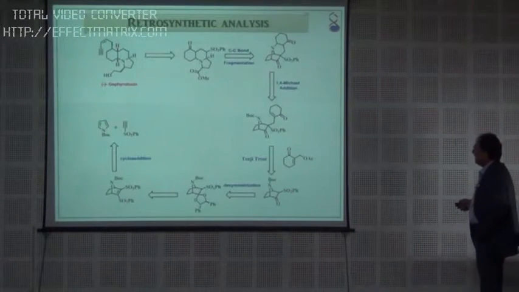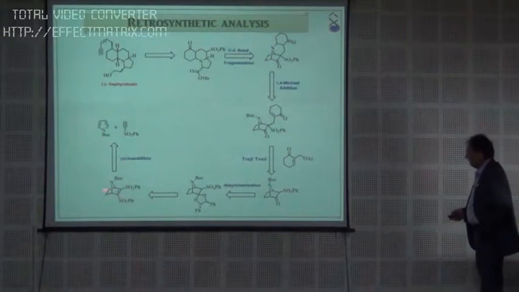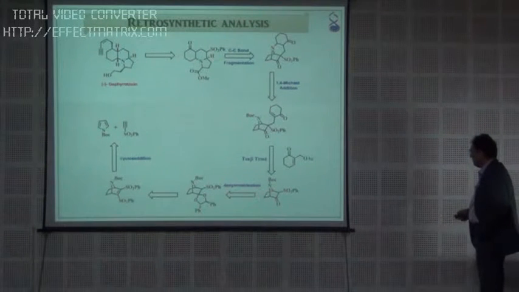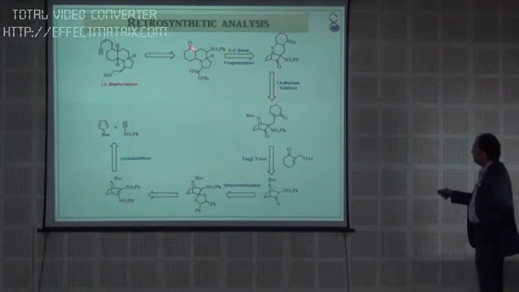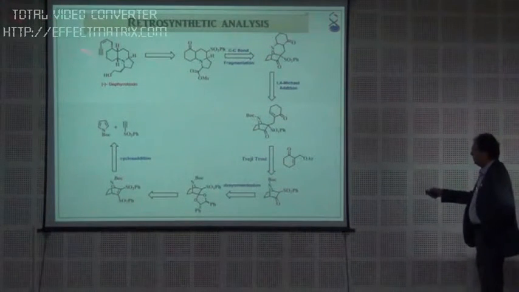So we synthesized it. I will not emphasize much on the synthesis. We do this desymmetrization, and a Tsuji-Trost reaction with this structure gives you this, deprotection, the Michael addition to give you this, and then fragmentation to give this structure, and finally this structure.